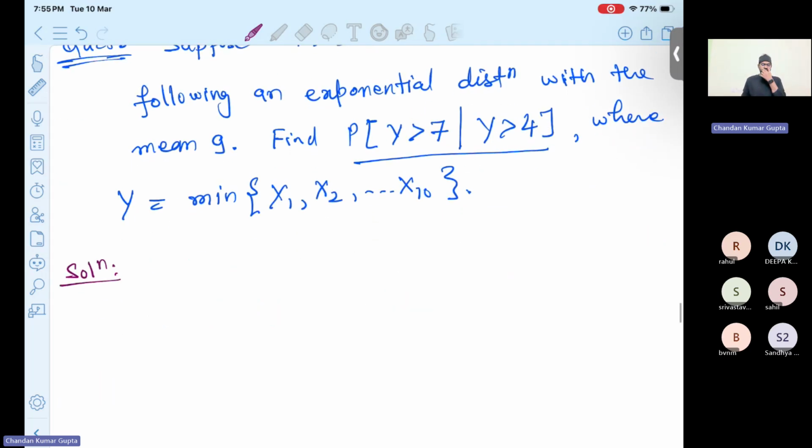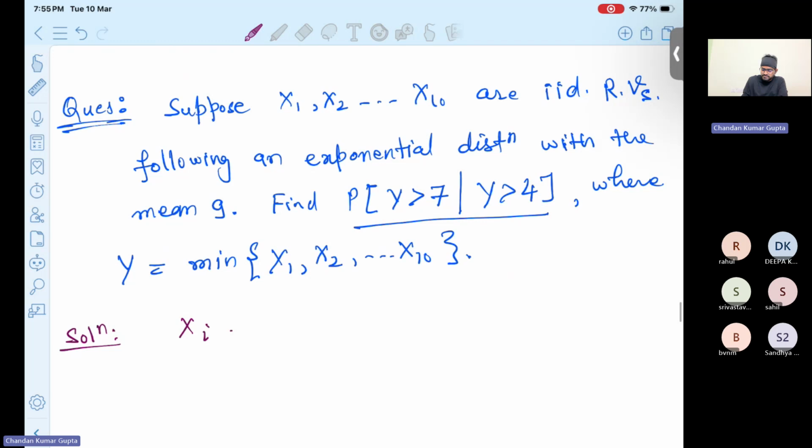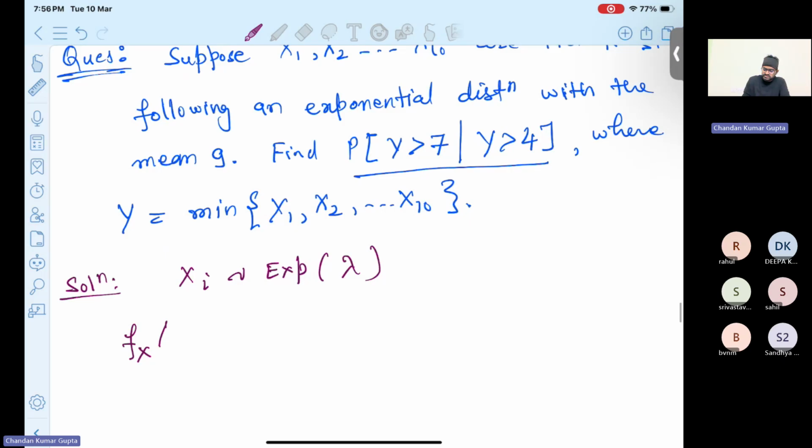So what are we given? We are given that the xi's are exponentially distributed random variables with parameter, say, lambda, because they are all IID. So f(x) is lambda e to the power minus lambda x, for lambda greater than 0, x greater than 0.